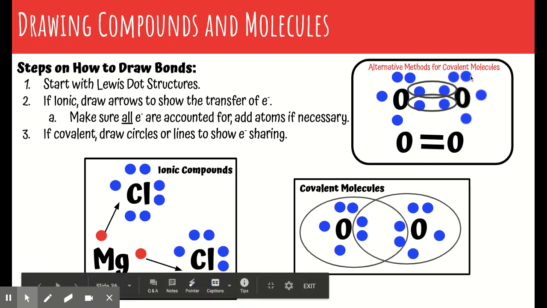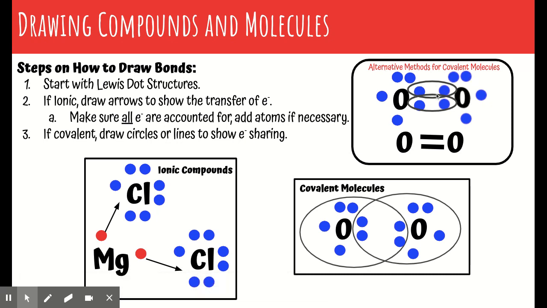And then there's one teacher at the ninth grade center that shows it like this. So either way, either of those is correct. Here they're circling the two that are actually sharing. So that's saying that both of these oxygens are using both of these electrons. This is further simplified here by this one.